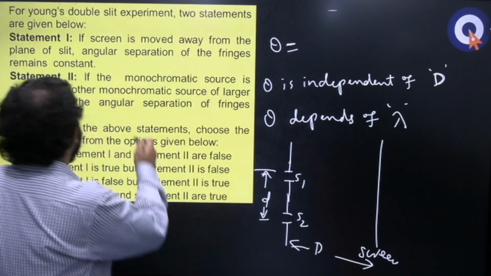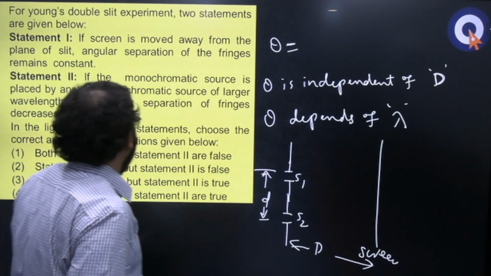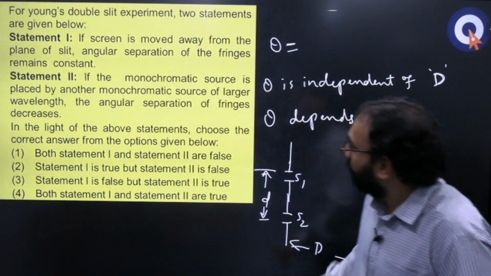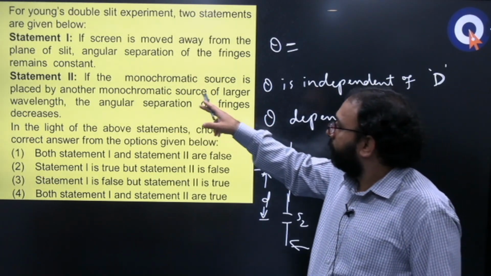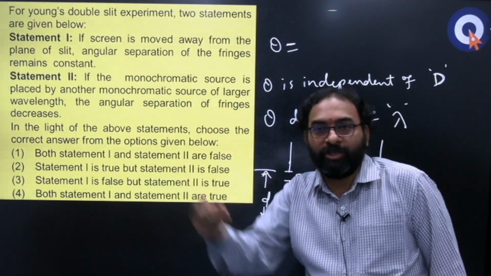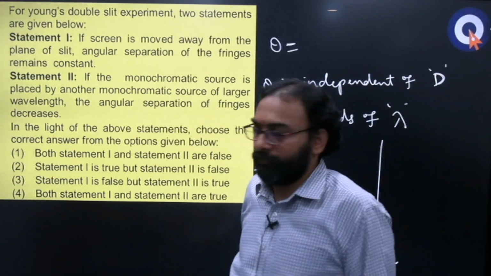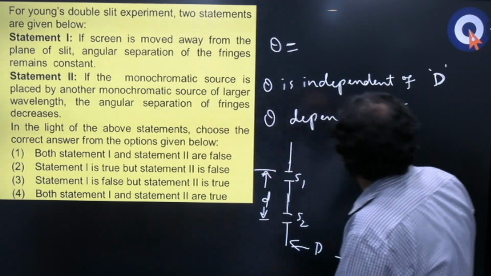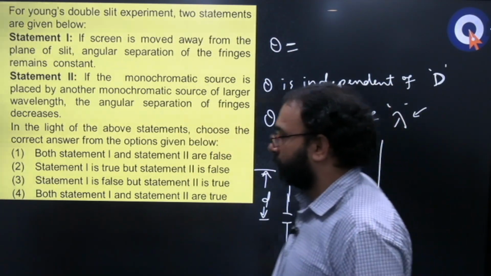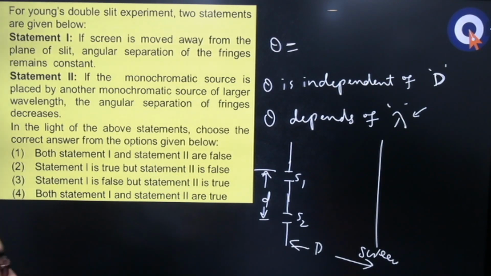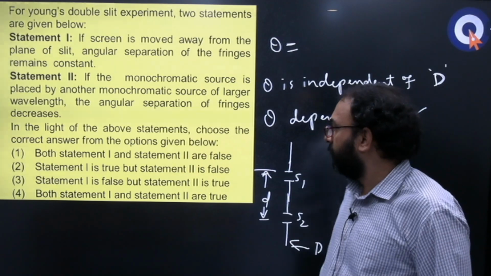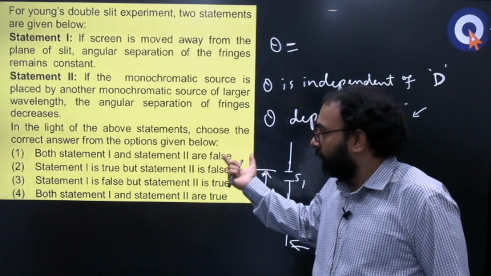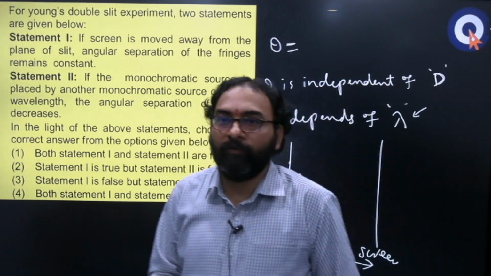Next, the second statement is whether the angular separation increases or decreases. So you have to check if the wavelength of the light used is changed. When lambda is changing, definitely theta depends upon wavelength. So here which statement is correct? Either statement 1 is correct, or both are correct, or any one of them is false.